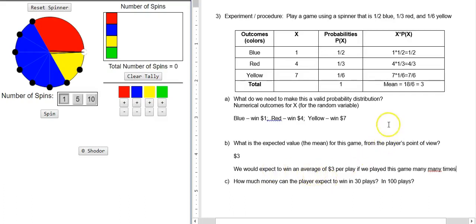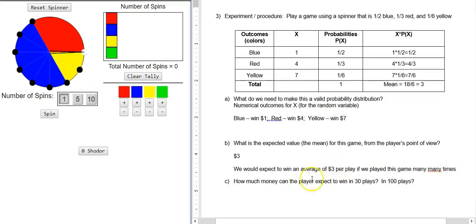In the long run, if we played this game 100 times or 1,000 times, and then we went back and added up all our results, the average amount we'd win per play would be $3. Now that doesn't mean that we're winning $3 on any one play. We can't, because that wasn't how our game was set up. We're either going to win $1 or $4 or $7. We're never actually going to win $3. That's just the average per play.